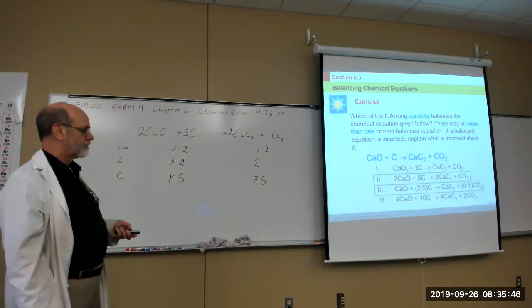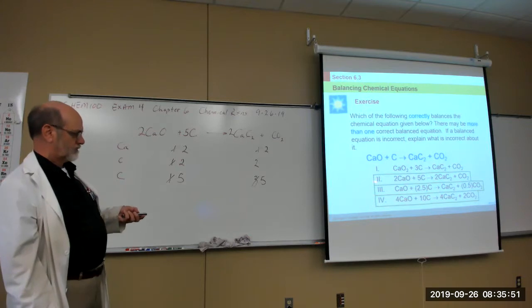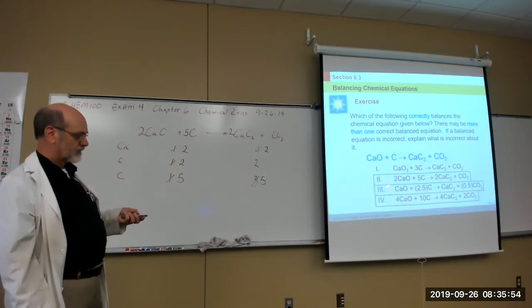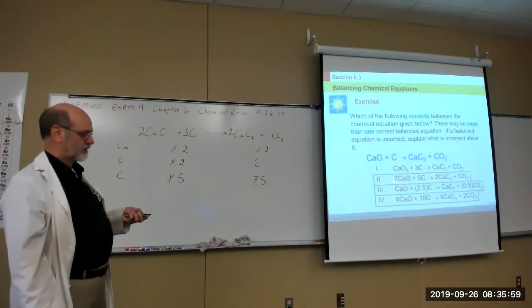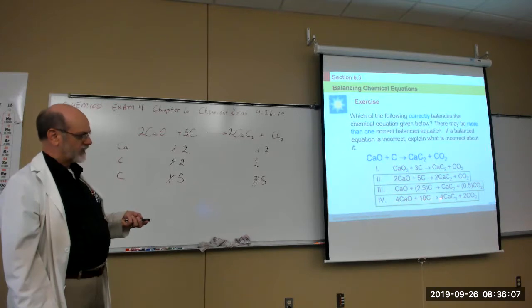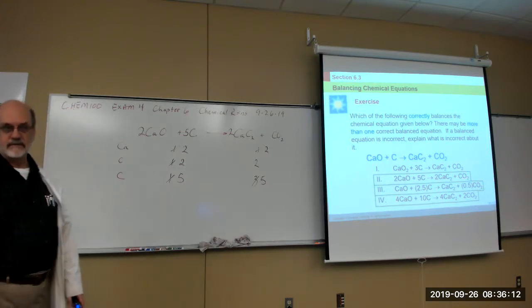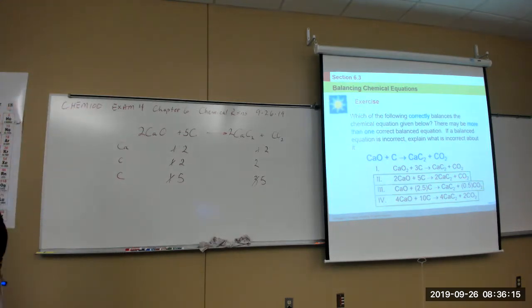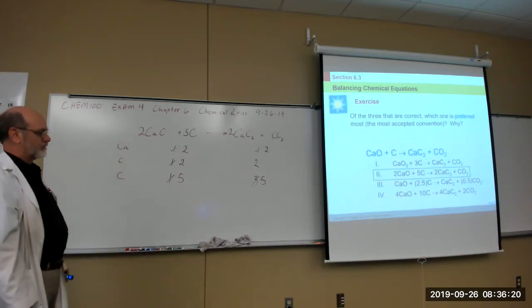Those are all possibilities, right? But which is the best one? This one right here, right? If we take this one and divide it by 2, and divide each of the others by 2, you get this equation. Okay, so that's the preferred equation, 2, 5, 2.